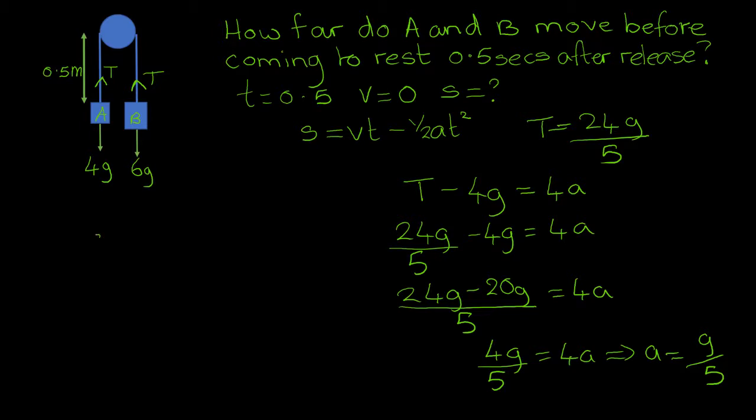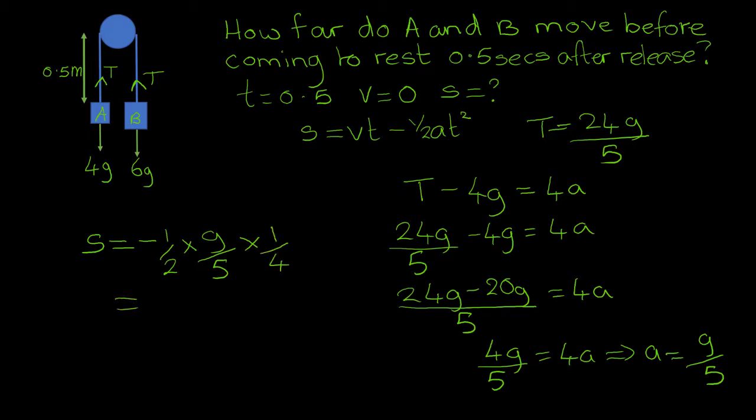So S is what we want to try and find. V is 0, so we don't need to worry about the first bit. So we want minus a half times the acceleration, which is G over 5, times the time squared, so that's a half squared, so that's a quarter.